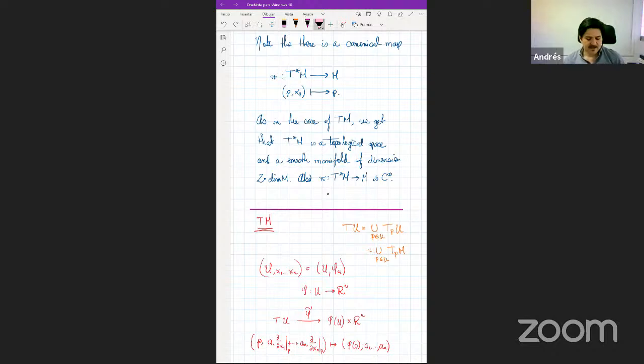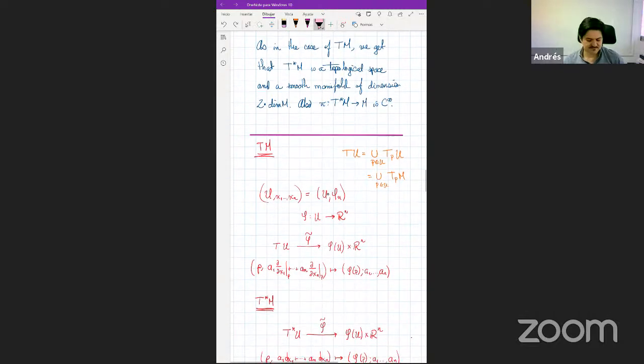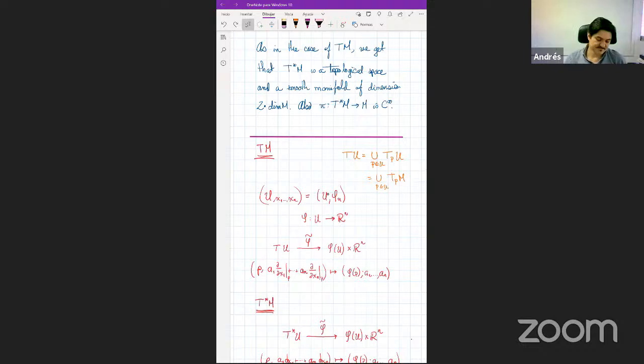Now, on the cotangent bundle, it is the same. I have the same chart on M, and now I have to define a map here. But this is the cotangent bundle on U. The good thing is I have a clear description of the elements here.